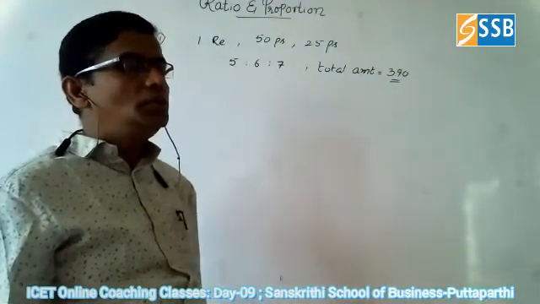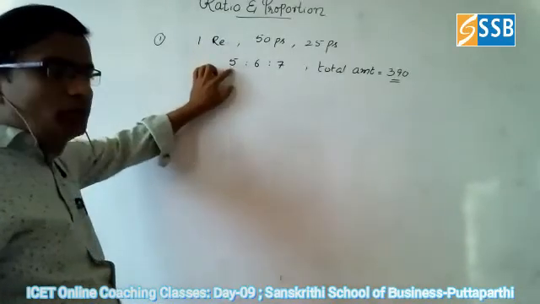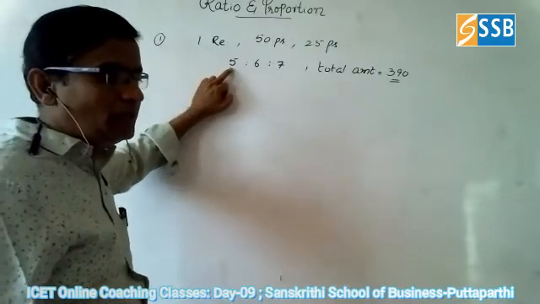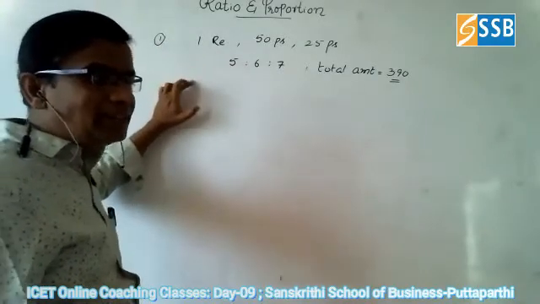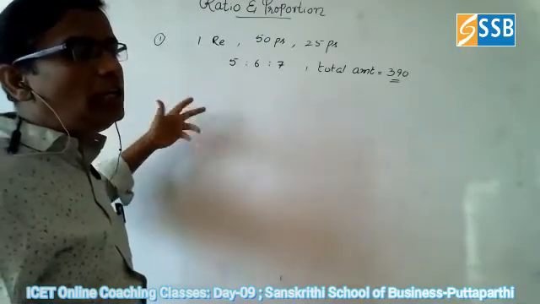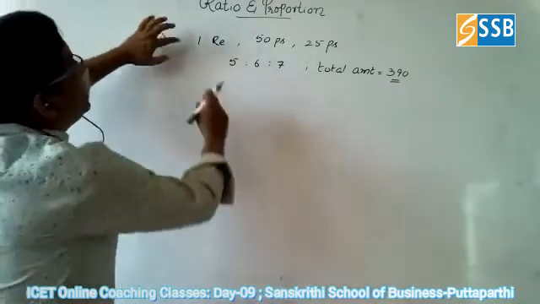So what are you going to do? Suppose if 1 rupee coins are 5, the total amount is 1 into 5. Suppose 2 rupee coins are 10, means 2 into 10, 20 rupees. So that's why I just multiply these things.